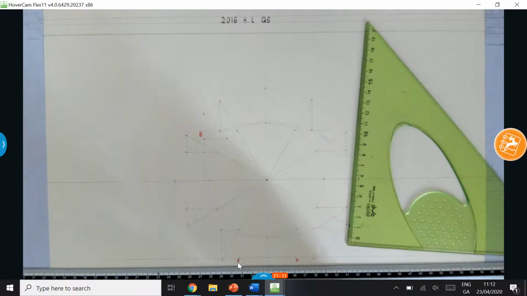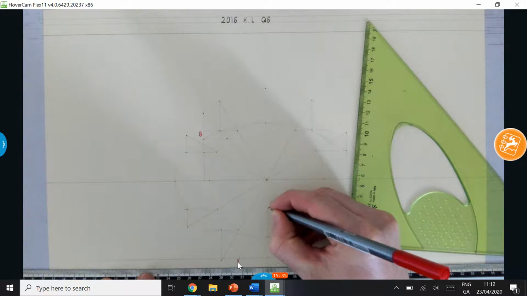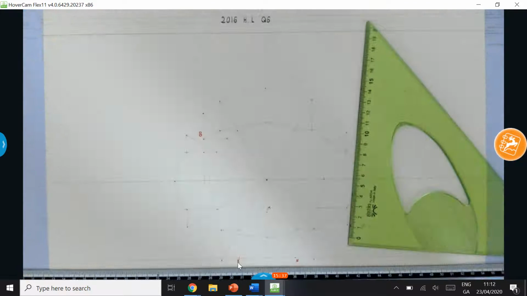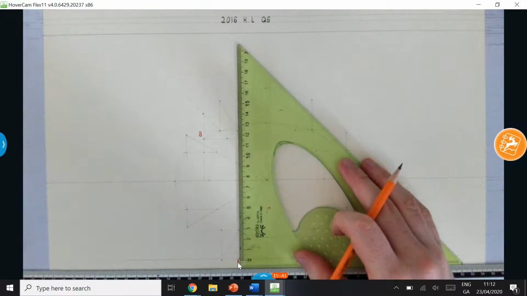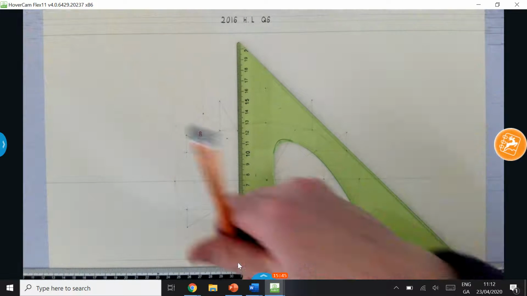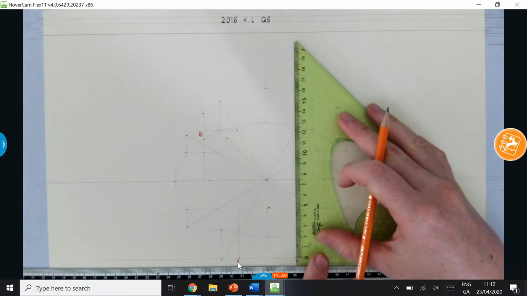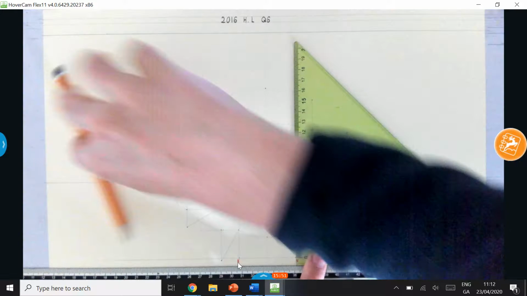And that is point M. From K, straight line up, construction line, just up past M, and from N, construction line up.